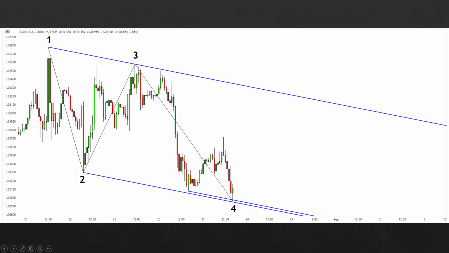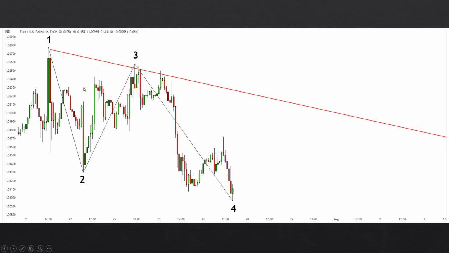We can reach a similar result by using a slightly more advanced type of channel based on abstract grounding positions. By abstract grounding positions, I mean the outer frequency of the major extremes. This is best understood visually, of course. In this other chart, I marked the upper channel line using the abstract grounding positions in number 1 and number 3.